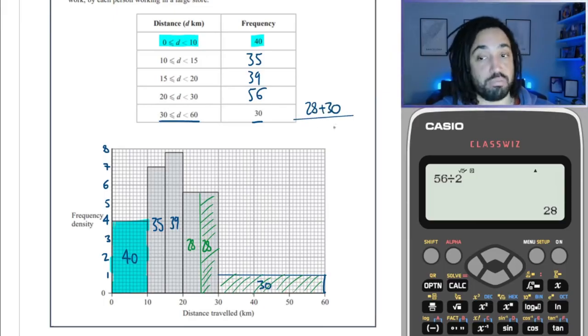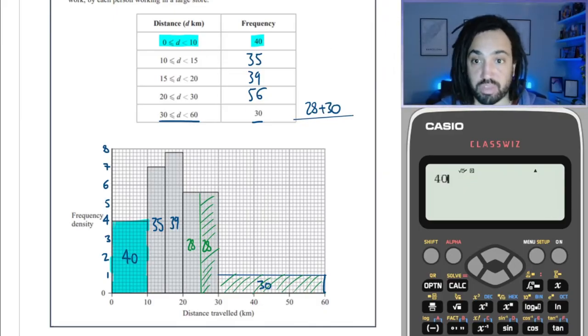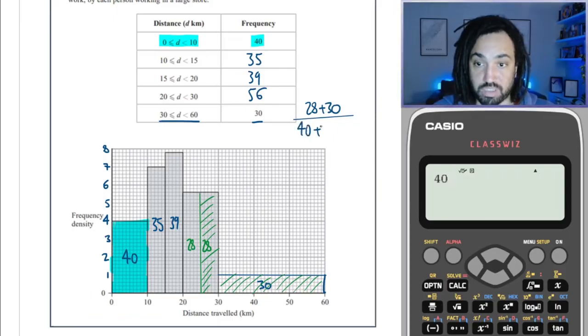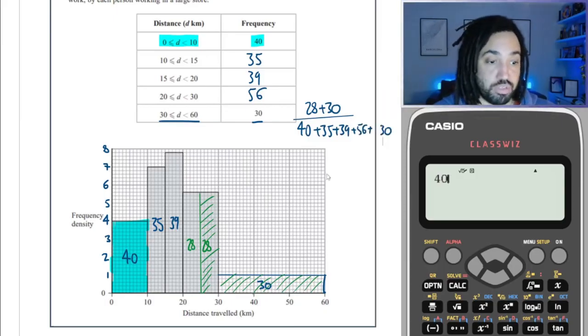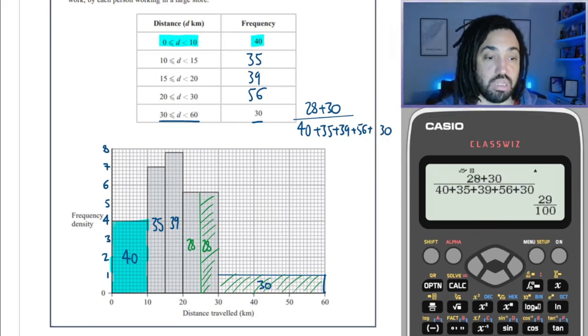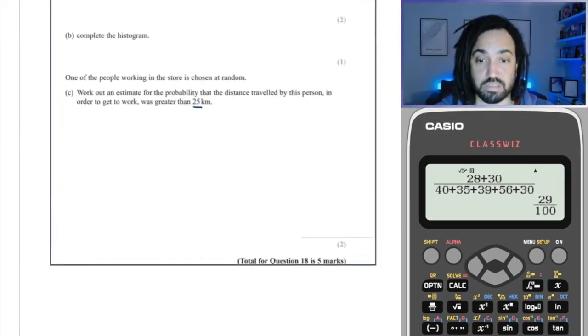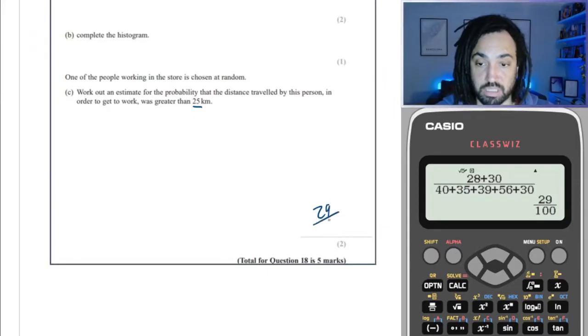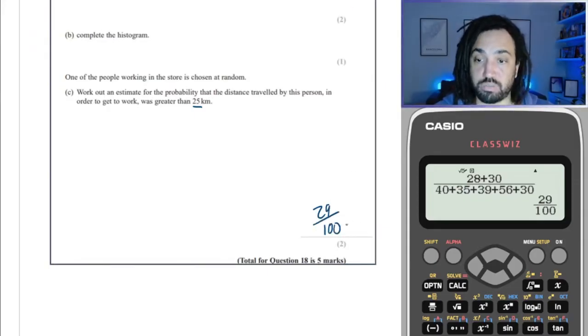Out of, because it wanted the probability, all of the people, which would be the sum of the frequency, which is 40 plus 35 plus 39 plus 56 plus 30. So we just put that into our calculator and we get exactly 29 over 100. Perfect. So we'll go down here and we'll just write 29 over 100. Job done.